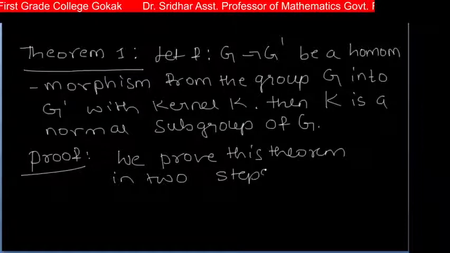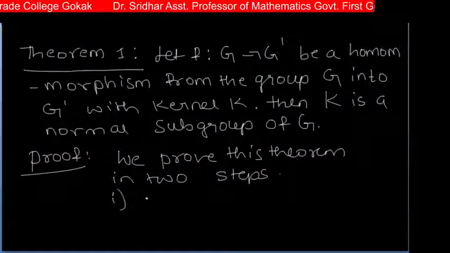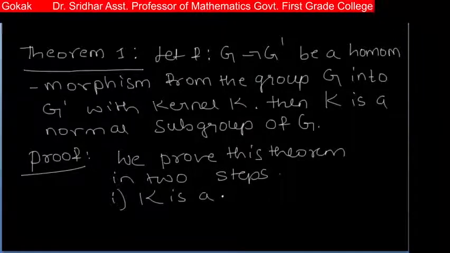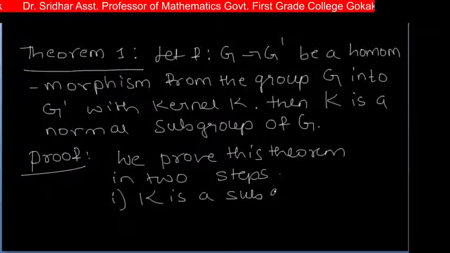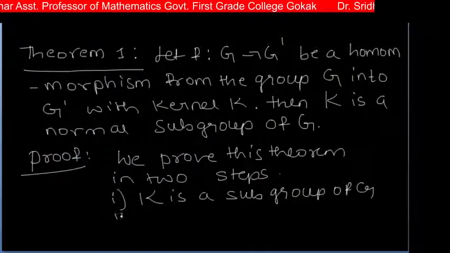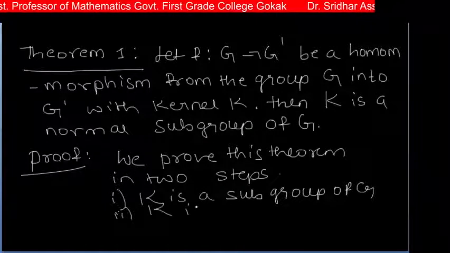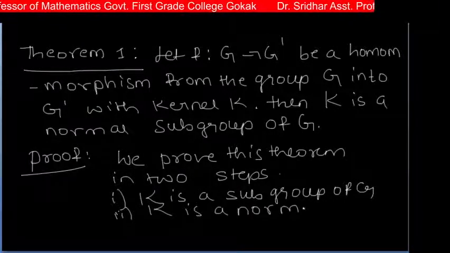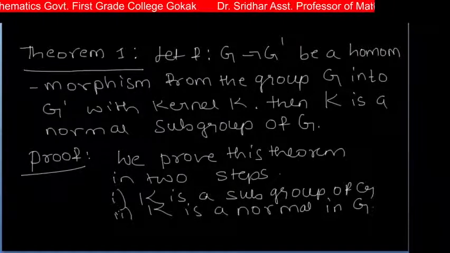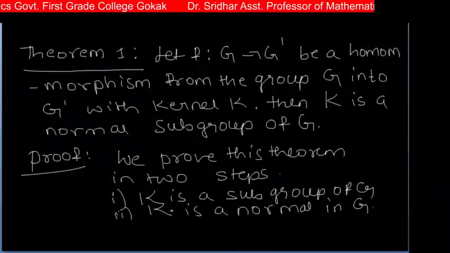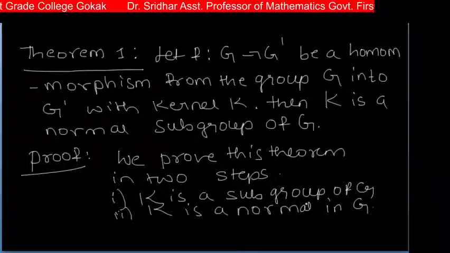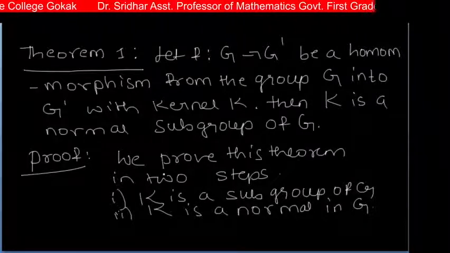In the first step, we show that K is a subgroup of G. In the second step, we show that K is normal in G. If we prove these two conditions, that K is a subgroup of G and K is normal in G, then it implies that K is a normal subgroup of G.